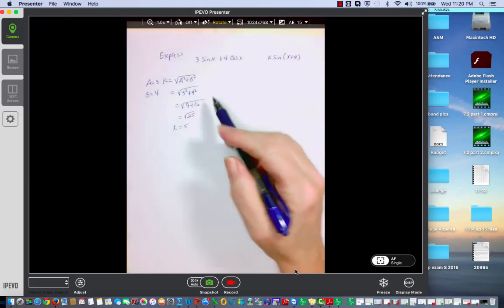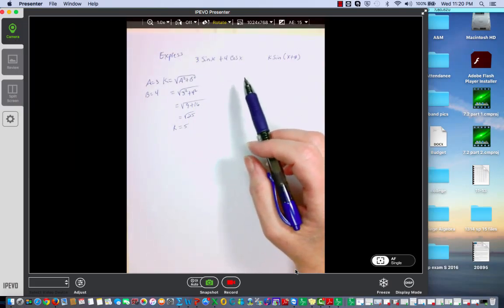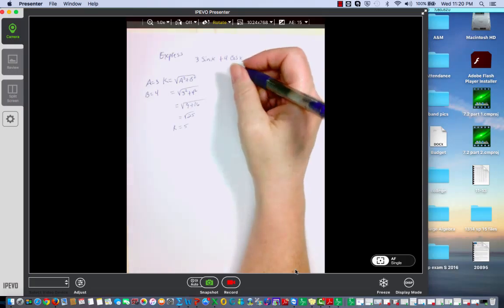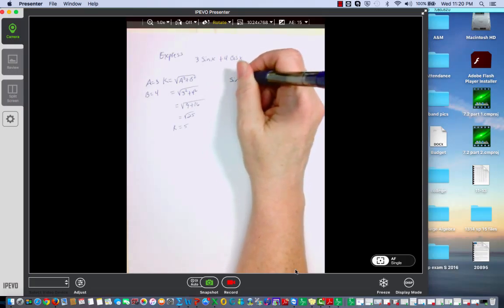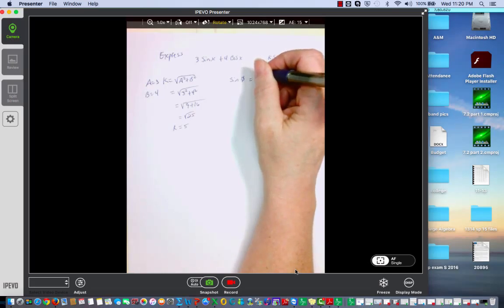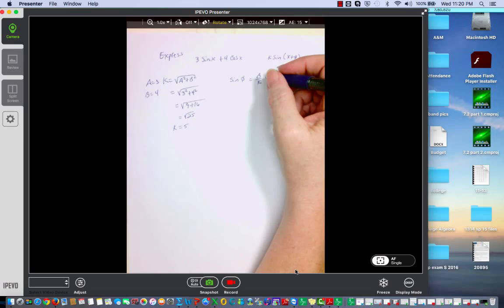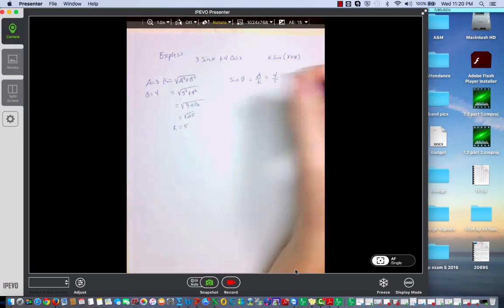Well, a squared plus b squared was the bottom of our sine and cosine formulas. So we are going to get sine of phi is equal to b over k, and b is 4 and k is 5.